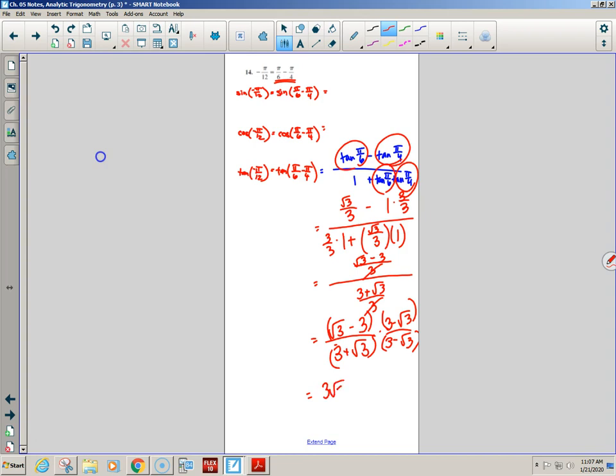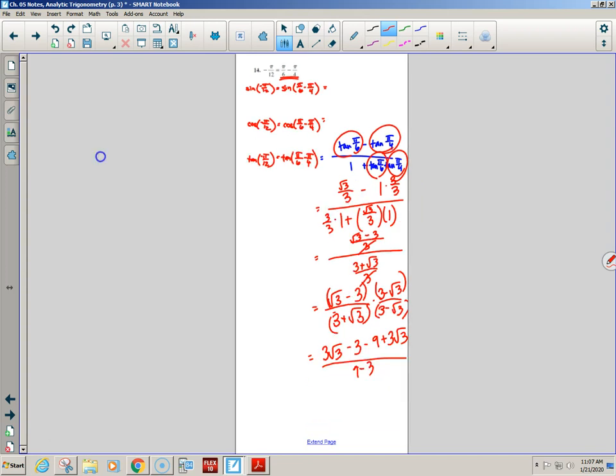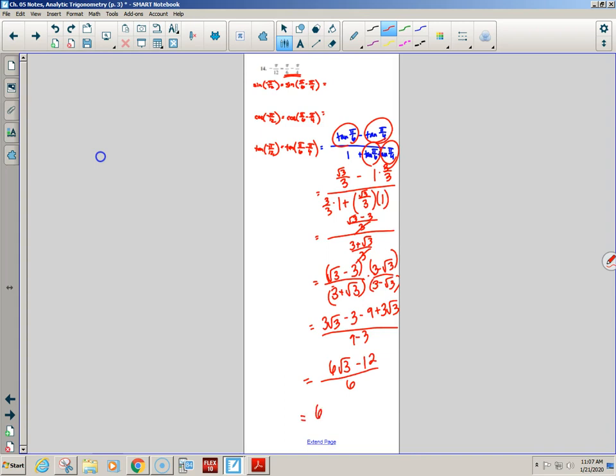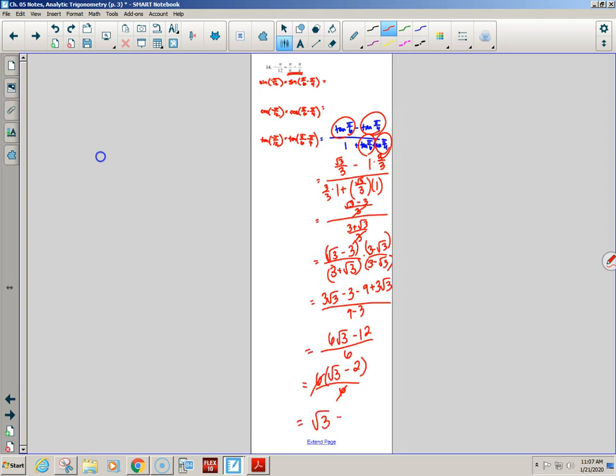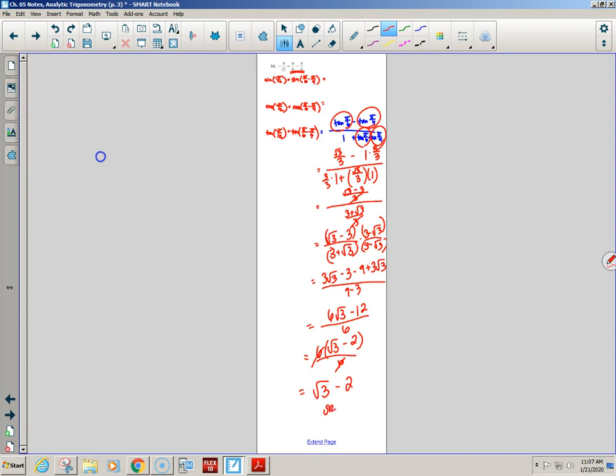We have 3 root 3 minus 3 minus 9 plus 3 root 3 all over 9 minus 3, which is 6 root 3 minus 12 all over 6, which some of you realize there are 6 all over the place. Technically, the proper form of this would be negative 2 plus root 3. Ugh, all of that was just getting it to be a nice simplified answer.